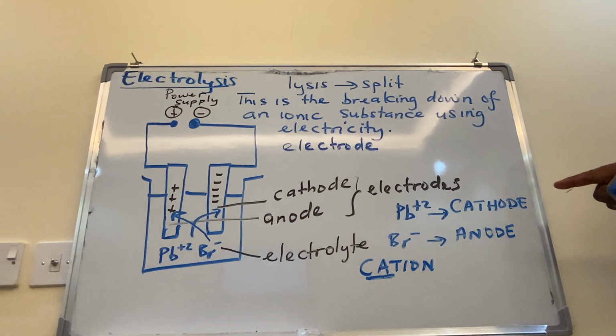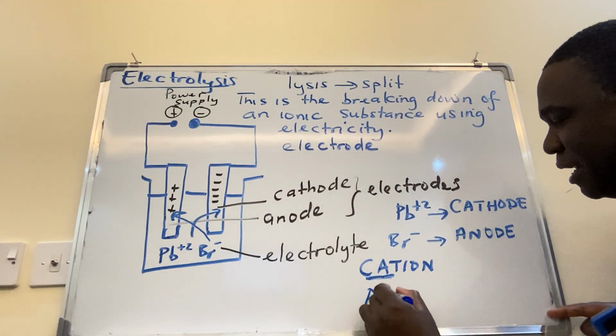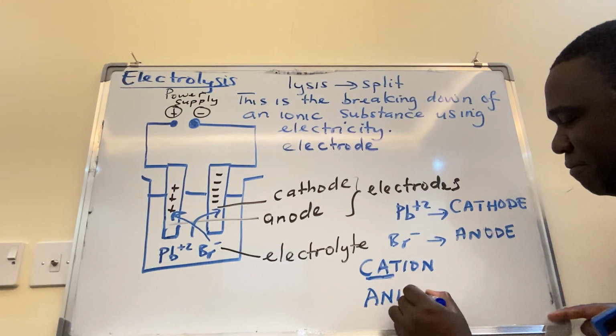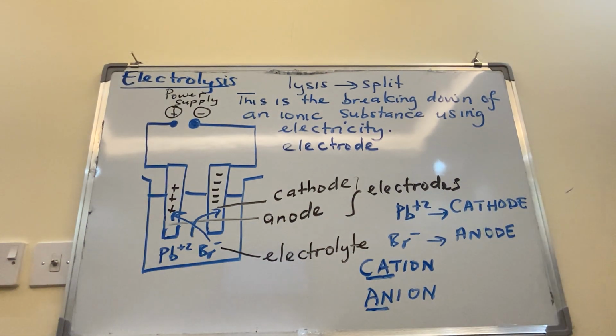Lead, and even other positively charged ions, go to the cathode, and we give them a name like cations. And negatively charged ions go to the anode. No wonder their name is like this: an ion, but it goes to the anode. That's where these names come from.